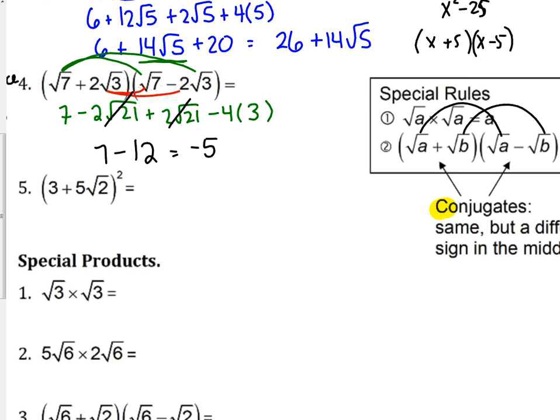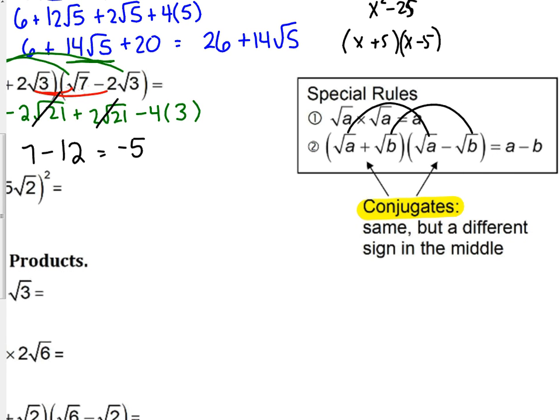Okay? So that's a term you need to know. I don't want you asking me what's a conjugate on your unit exam. So a conjugate pair basically forms a difference of squares with our radicals. They're conjugates of each other. Conjugates are same but different signs. Opposite signs in the middle.